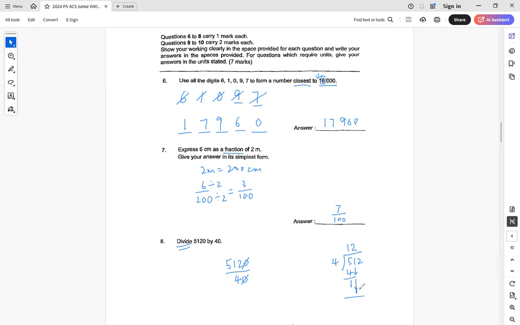So 11 minus 8 will give us 3. You bring down the 2. So 32 divided by 4 will be 8. You subtract the 32 and that's it. We have completed our long division. So 512 divided by 4, the answer will be 128. Okay, that's how we do it.